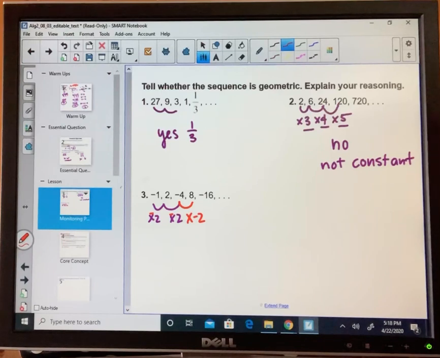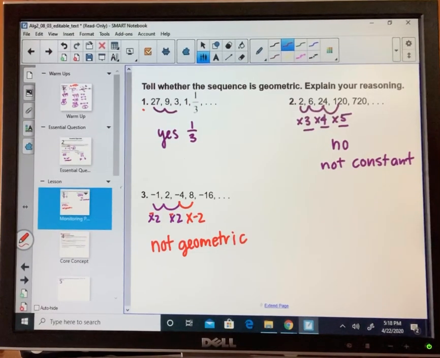Right? So this one is actually not geometric. Okay, so now I would say the reason why it's not constant is because if I'm going to graph this, it's going to look a lot different than if I graphed any of these.